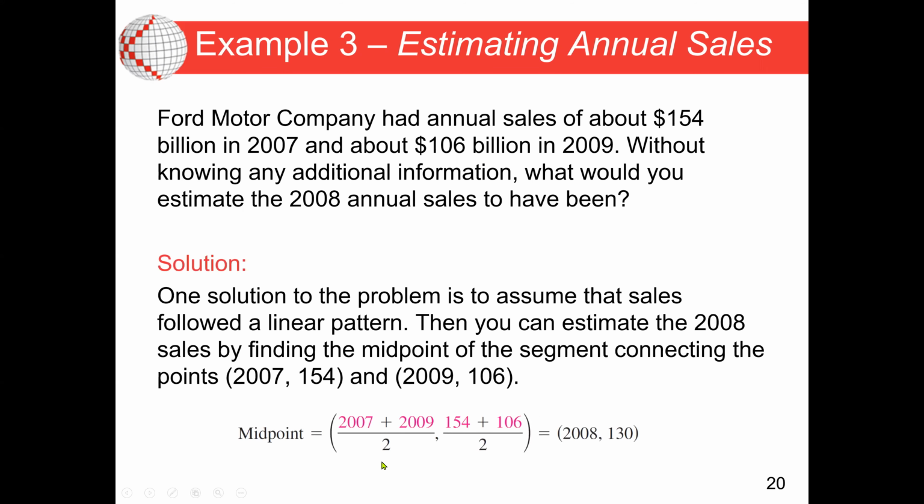And so that's the midpoint. The year is 2007 plus 2009 divided by 2. In 2007, we have 154. In 2009, we have 106 billion. So the y value will be 154 plus 106 divided by 2. So in 2008, we have 130 billion dollars in sales.